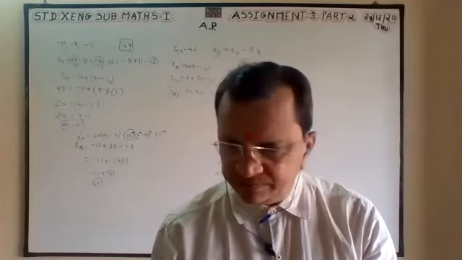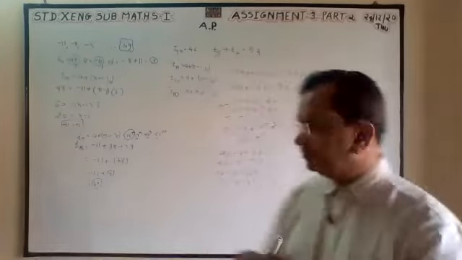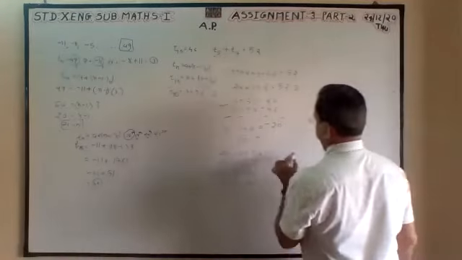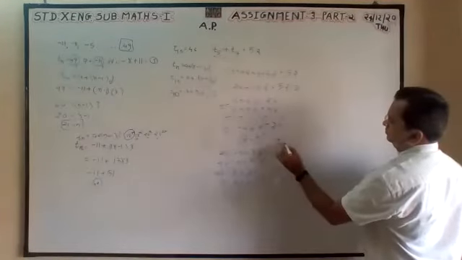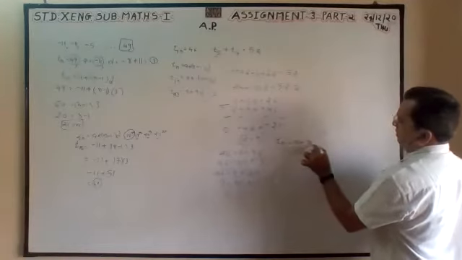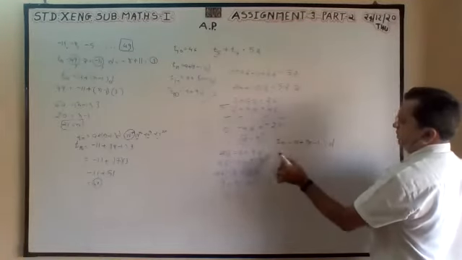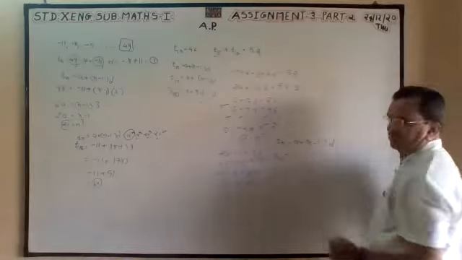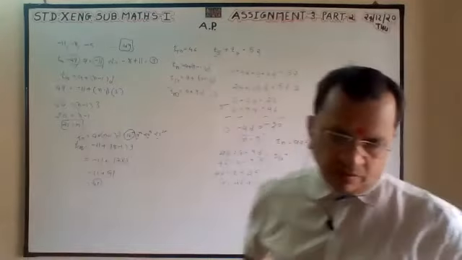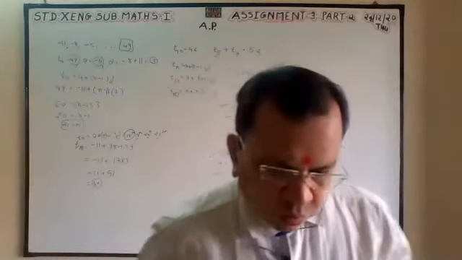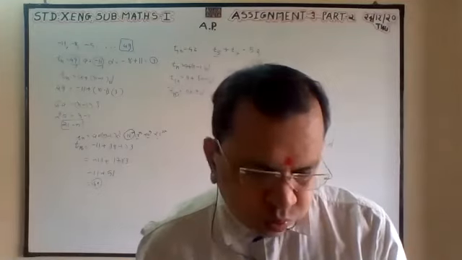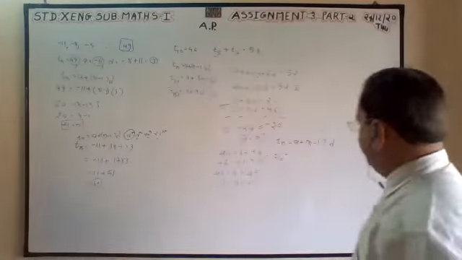Find the 10th number. Tn is equal to A plus n minus 1 D. No, find the AP, simple.